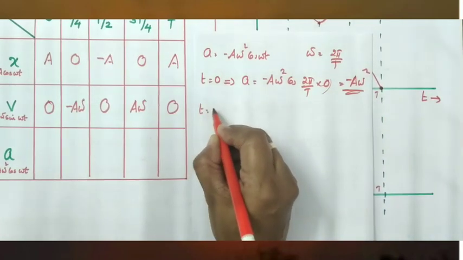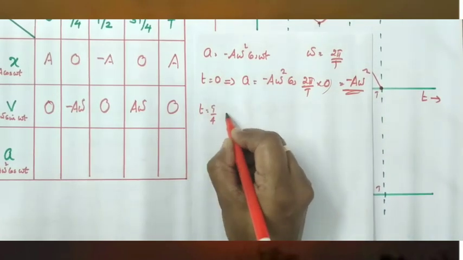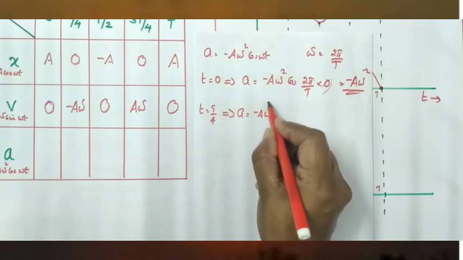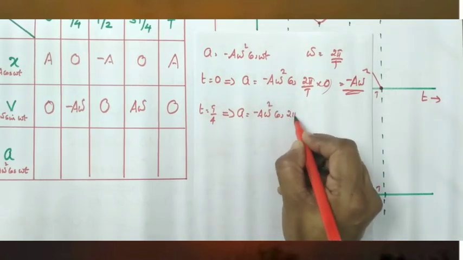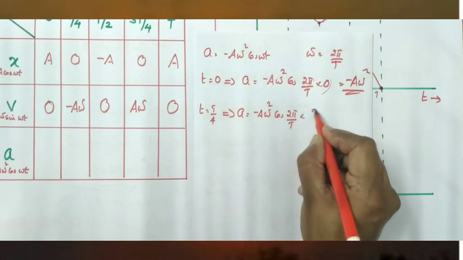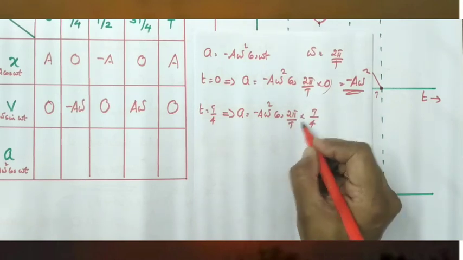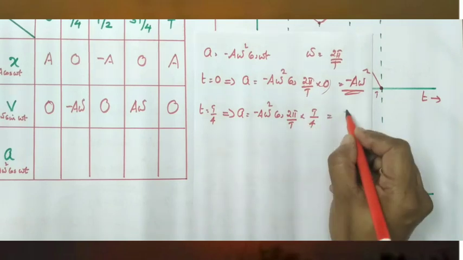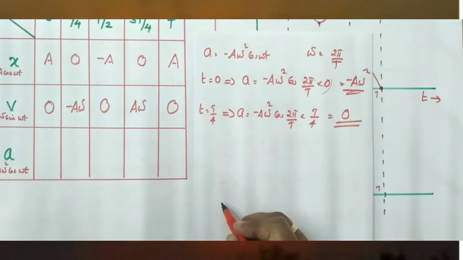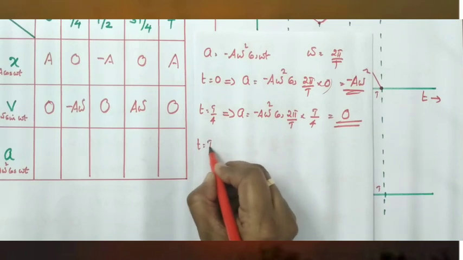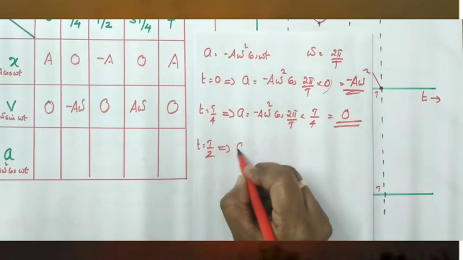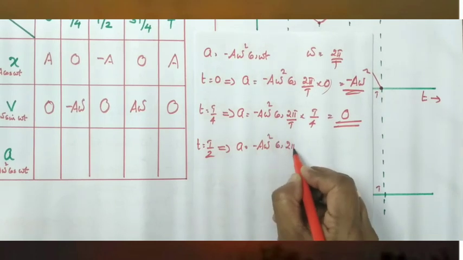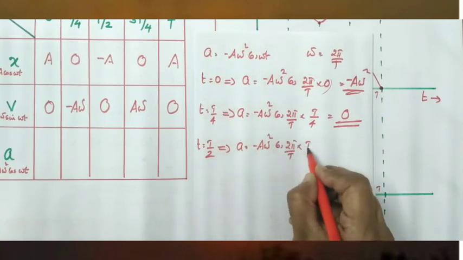When t is equal to T by 4, acceleration is equal to minus a omega square cos (2 pi by T into T by 4). T gets cancelled, so the angle is pi by 2, cos pi by 2 is 0, so here the acceleration becomes 0. Next t is equal to T by 2, a equal to minus a omega square cos (2 pi by T into T by 2).